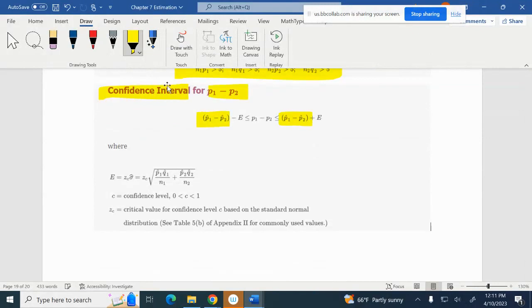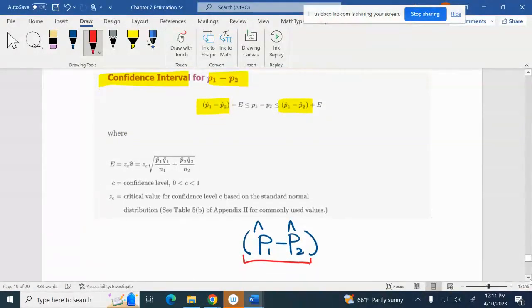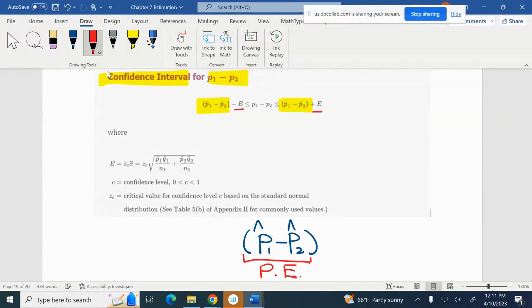Again, we need the P1 hat minus the P2 hat. It is always the point estimate. At the beginning, we need the point estimate, and then plus and minus the margin of error.